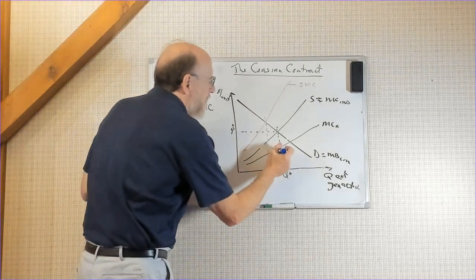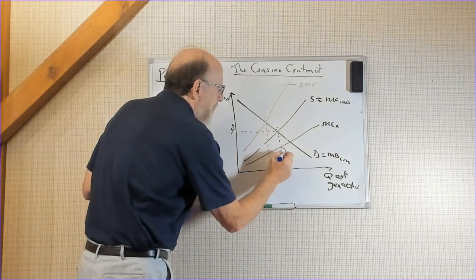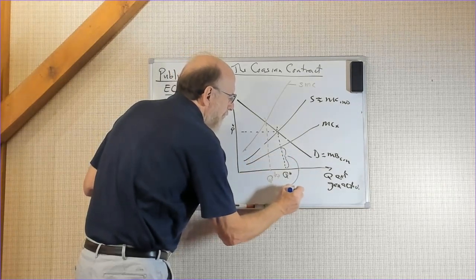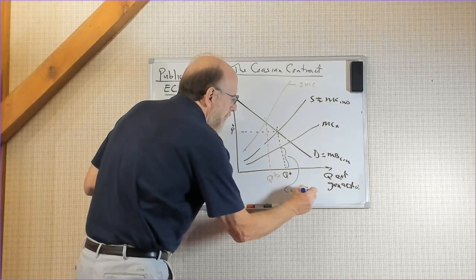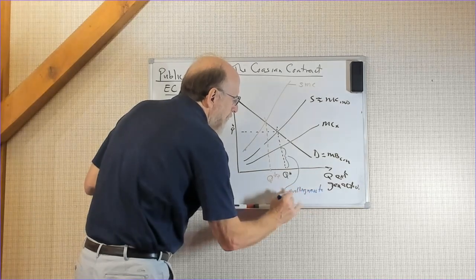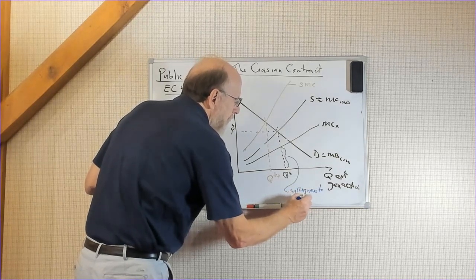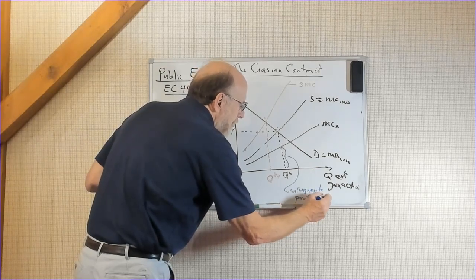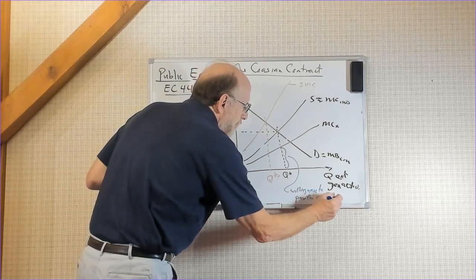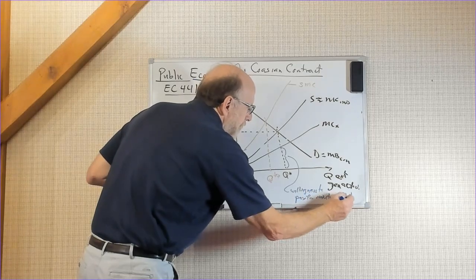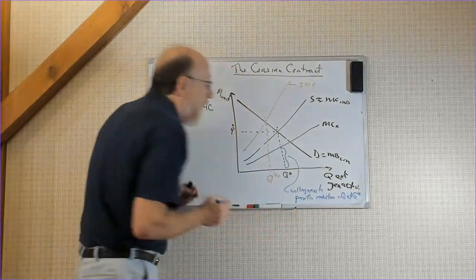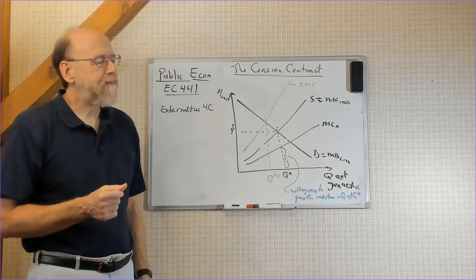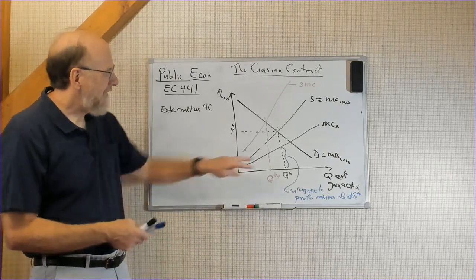So their willingness to pay for reductions at Q star is that vertical height.